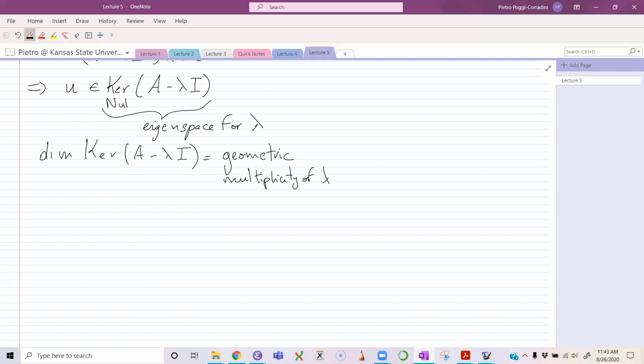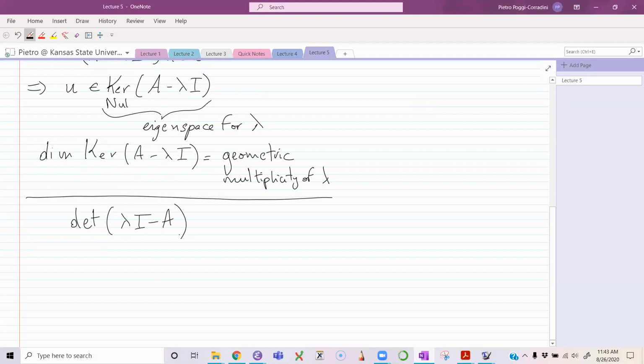Now, the other thing you can do, if you just want to know whether lambda is an eigenvalue, is you can take the determinant of lambda I minus A, right?